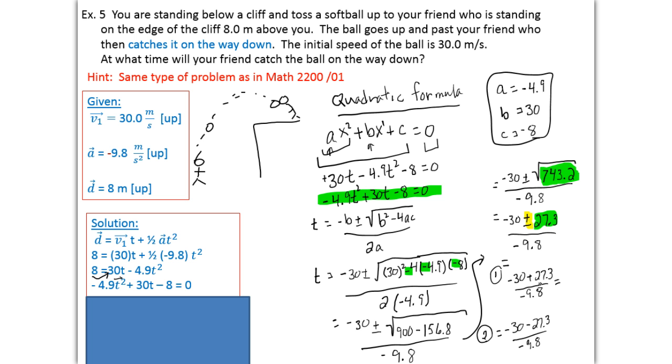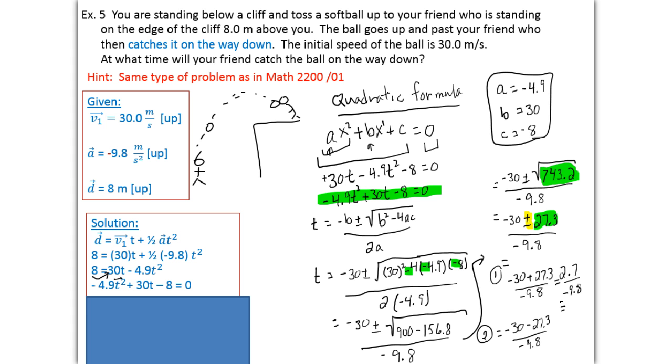Now if we work both of those out, so negative 30 plus 27.3 will give us a negative number, and it should be negative 2.7, divided by negative 9.8.